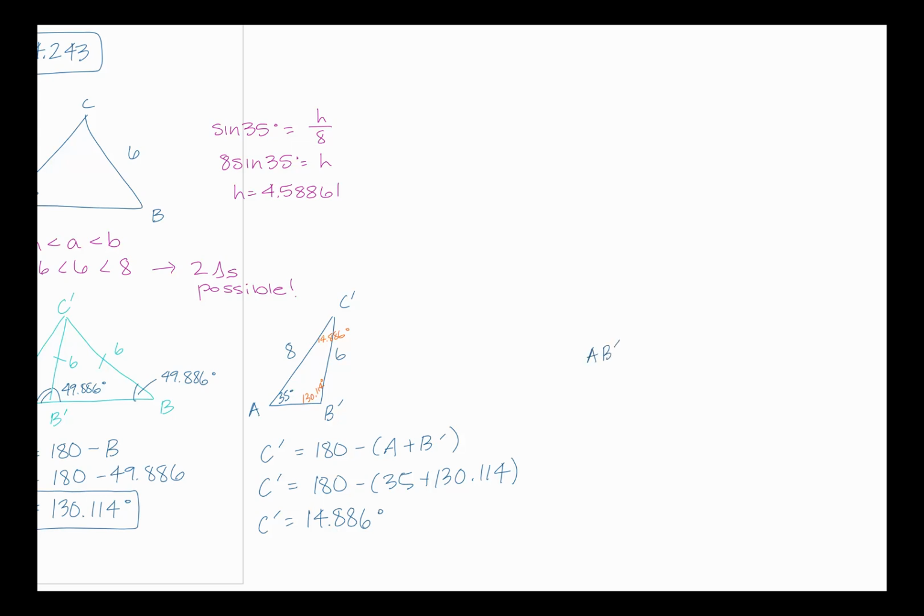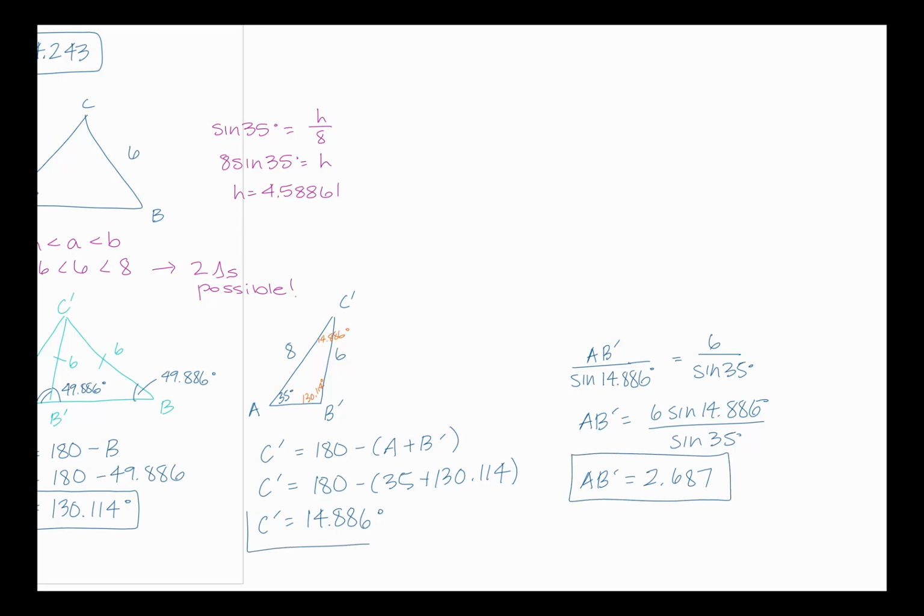So AB prime over the sine of 14.886 has to be equal to 6 over the sine of 35 degrees. AB prime is equal to 6 sine of that. And so when I plug that into my calculator, I'll get 2.687.